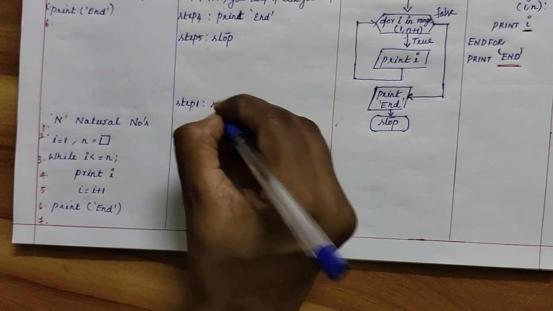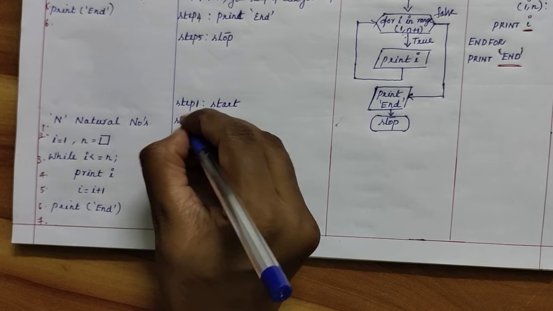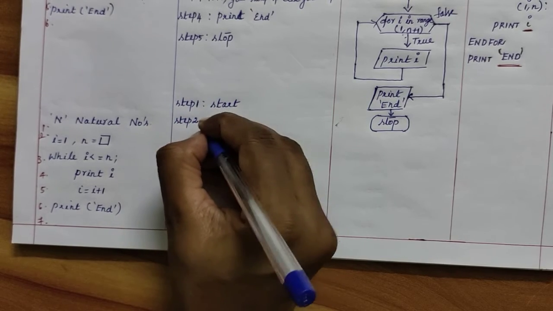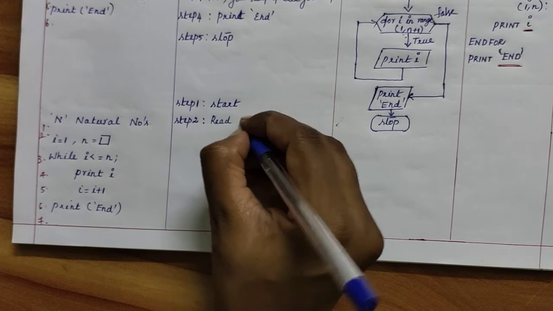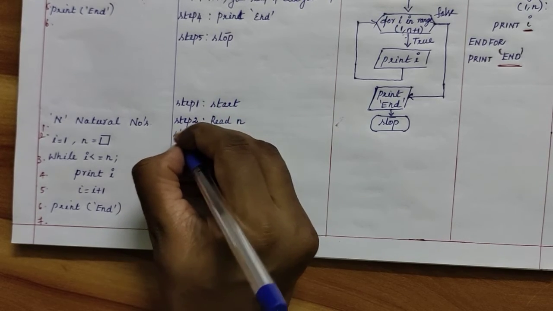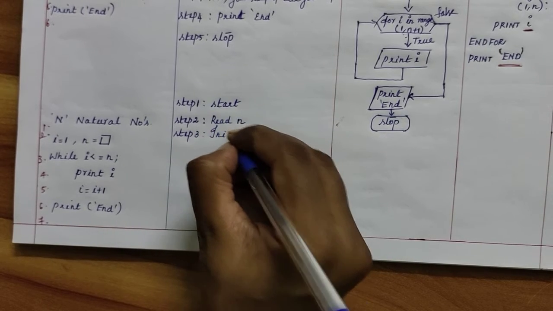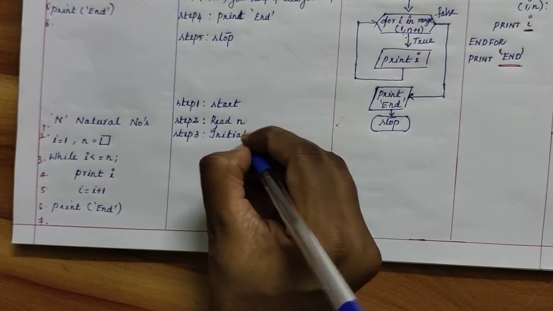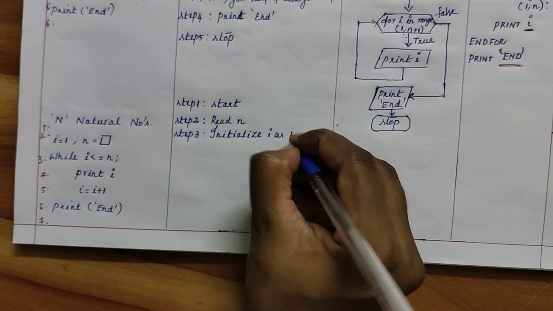What is our first step? Step 1 is start, and step 2 is read n, and step 3 is initialize I as 1.